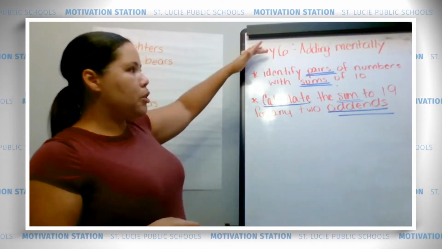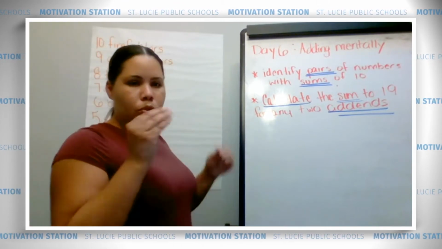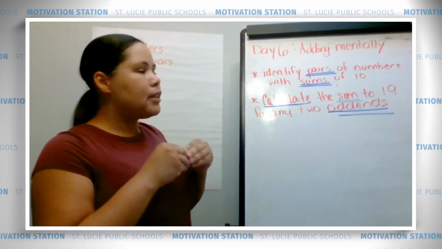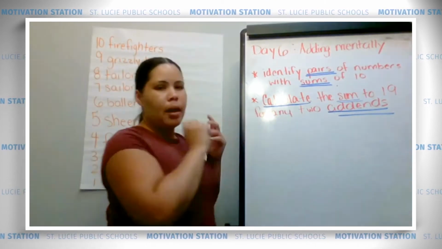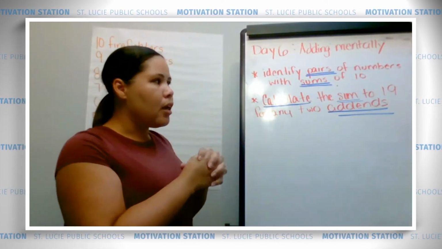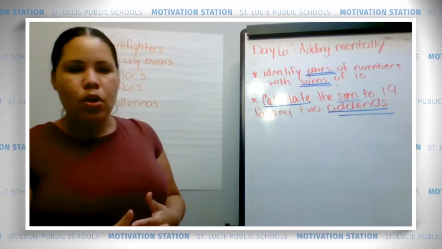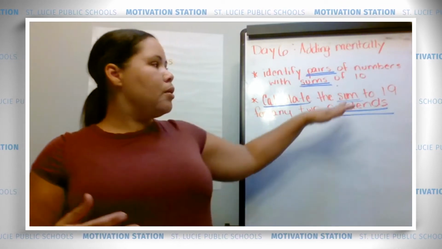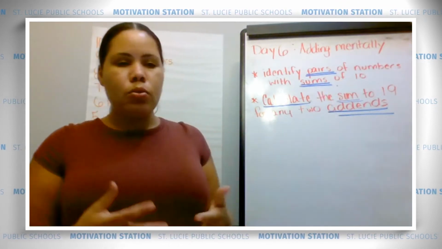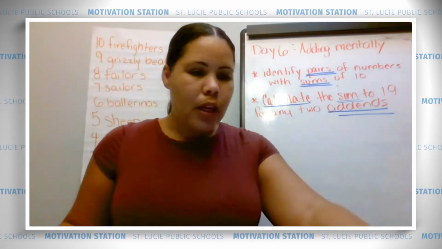The goal is to continue to identify pairs of numbers with sums of 10, and also calculate the sum to 19 for any two addends. So that just means that we are working the math in order to find the answer to numbers that add together to get up to 19.